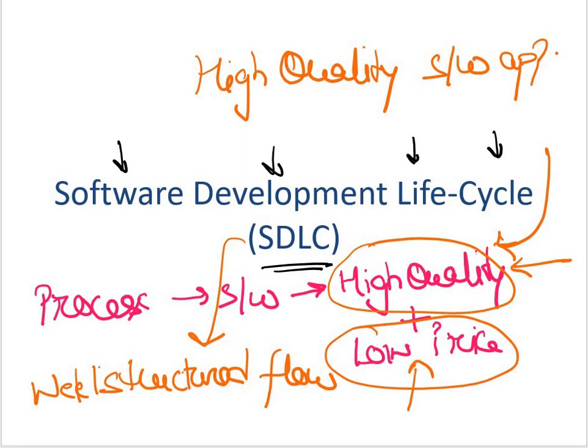And this can be achieved, of course. Lowering the price can be achieved by reducing the production time, right? So I can reduce the production time, and that ultimately helps in lowering the cost.